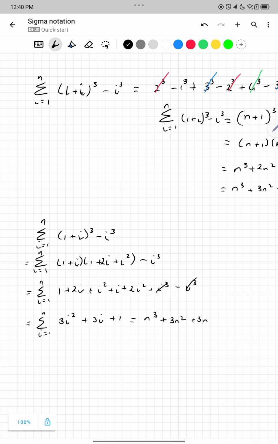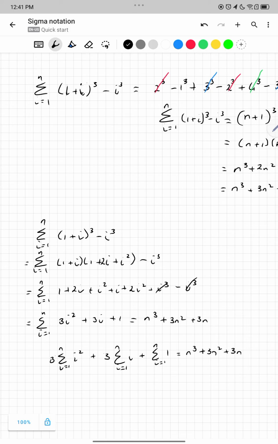So let's take the sigma inside. So we get 3 times the summation from i is equal to 1 to n of i squared, plus 3 times the summation of i, plus the summation of 1, which is equal to n cubed plus 3n squared plus 3n.